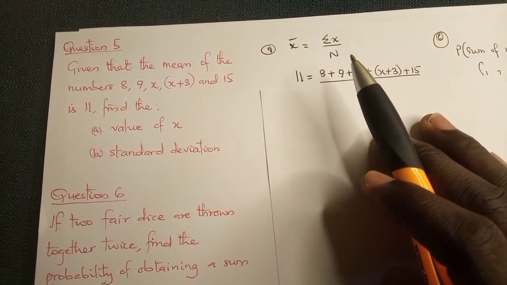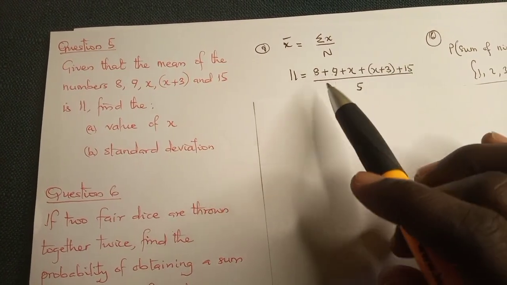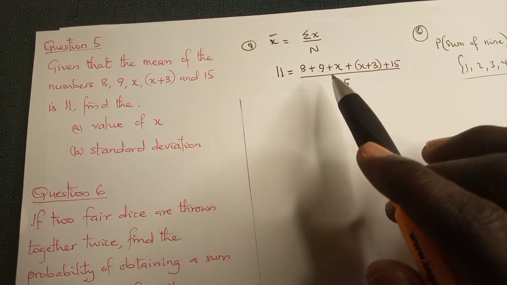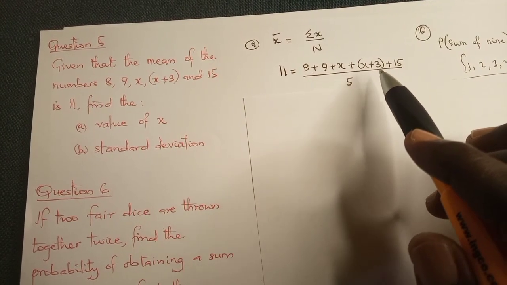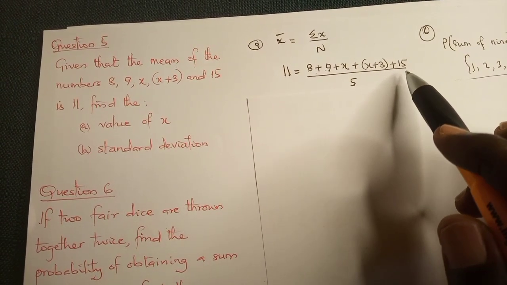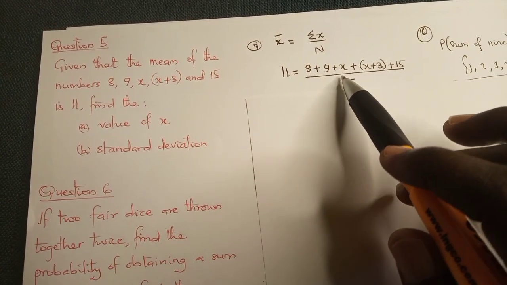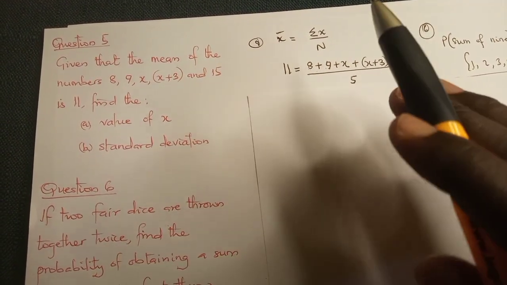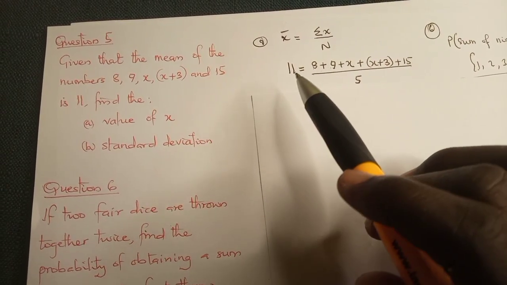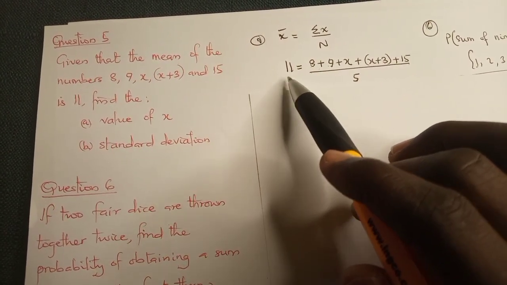So you add all the scores: 8 plus 9 plus x plus 3 plus 15, all over 5, because we have 5 individual scores. Everything should equal 11.